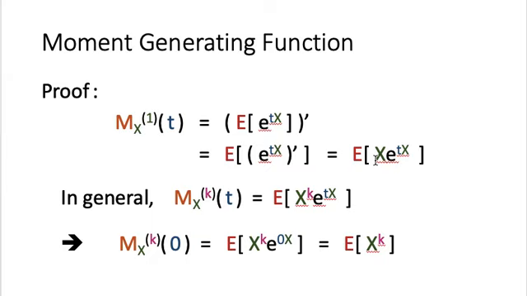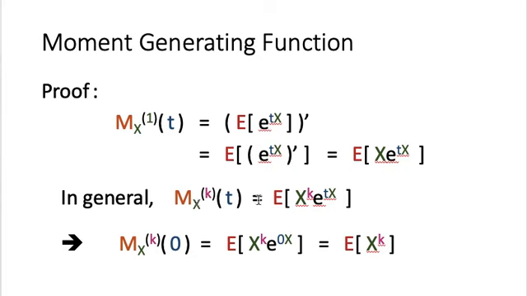And similarly, if we differentiate one more time, then instead of X here, we will now have X squared times e to the power tX, and so on and so forth. So in general, if we differentiate the moment generating function k times, this is equal to the expected value of X to the power k multiplied by e to the power tX.